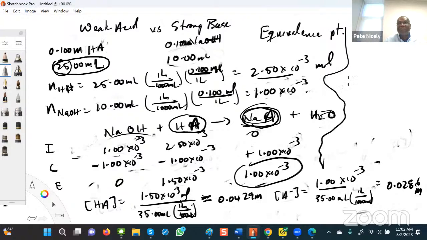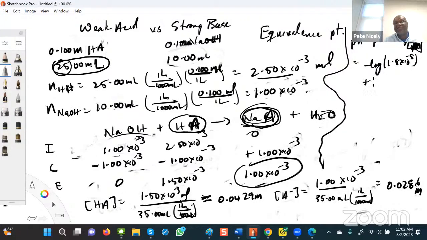And then now I plug it into the Henderson-Hasselbalch equation, which I'm going to squeeze in right here. pH, this is the equation, pH is equal to pKa plus log of conjugate base concentration divided by concentration of the acid, HA. So when I put the numbers in, that would be equal to minus log. Now, if I remember correctly, the Ka for acetic acid is 1.8 times 10 to the minus 5.